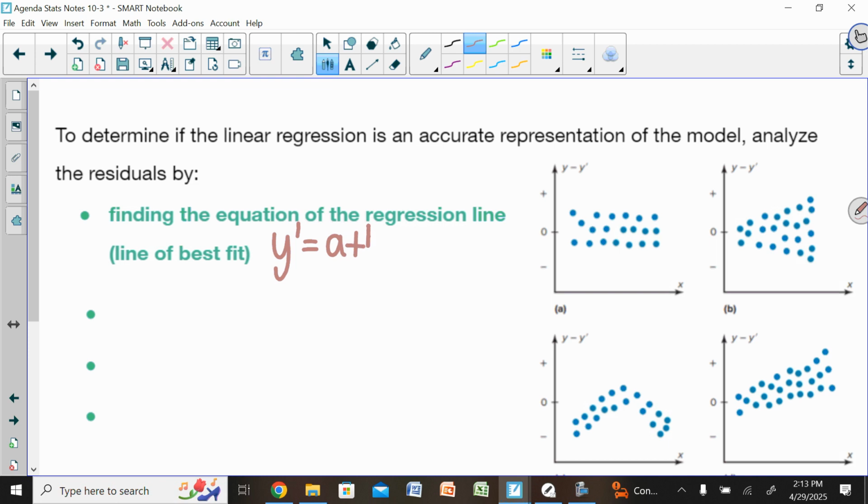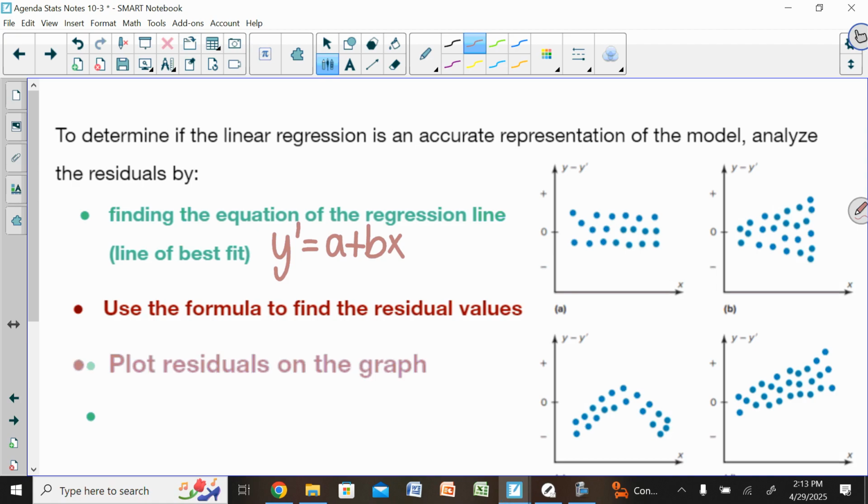That requires a little bit of work. We're going to use our formula, residual equals actual minus predicted, to find our residual values. How far is the actual from the prediction based on our line? We're going to plot our residuals on another graph. So we make a scatter plot, and then we make a residual plot.